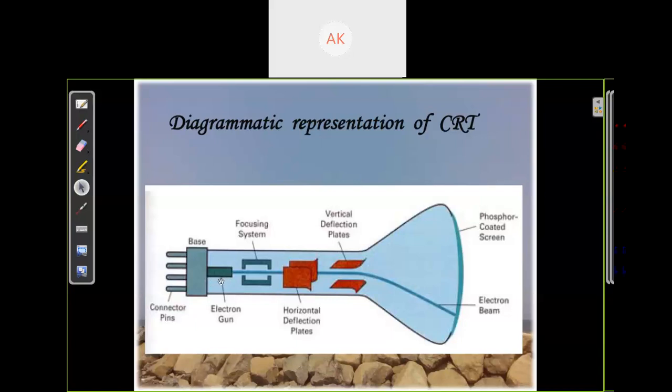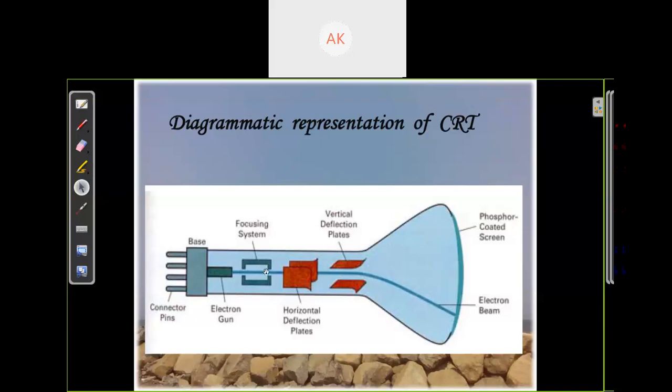And when these electrons boiled off from this electron gun pass through the focusing system, what is the working of the focusing system? It focuses the electrons on a single narrow point. Otherwise, we will see a blurred image on our screen. So to focus the electrons at a small point, we use the focusing system.